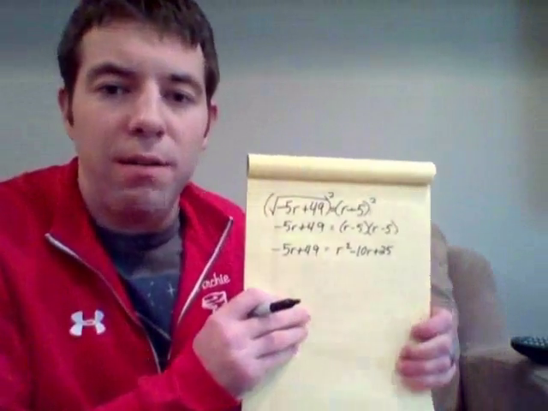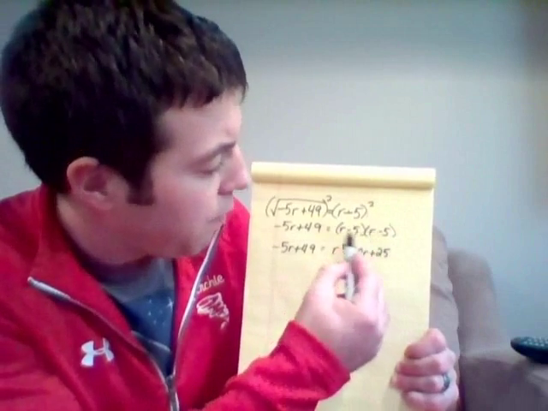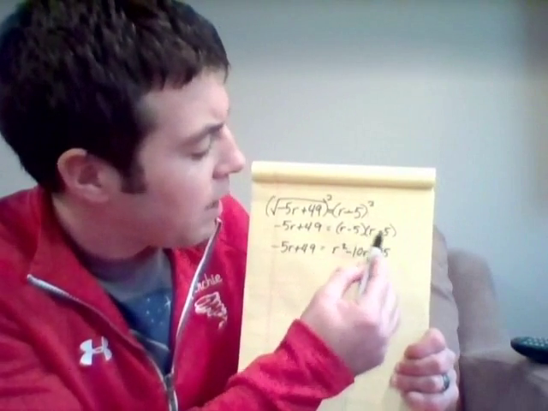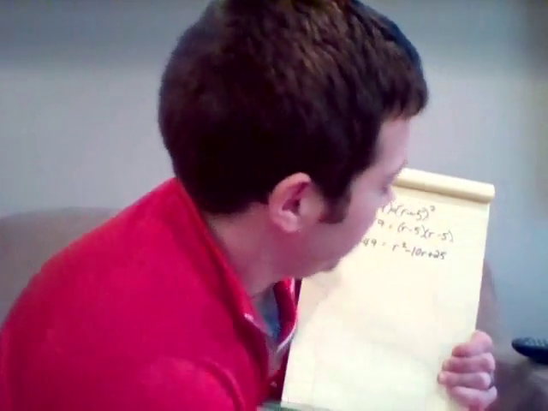So you've got negative 5r plus 49 equals, and if you FOIL that right side, you're going to find out that you get r squared minus 10r plus 25. Notice I did FOIL, combined my two negative 5r's.